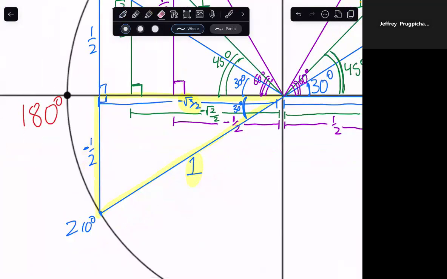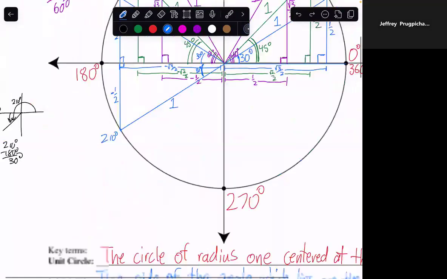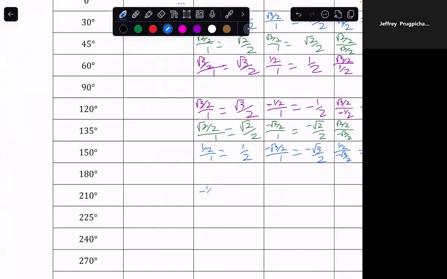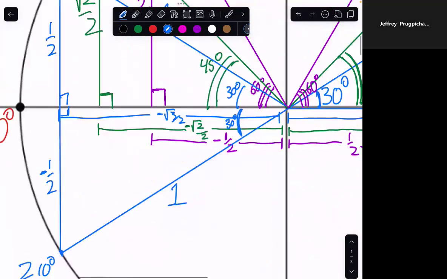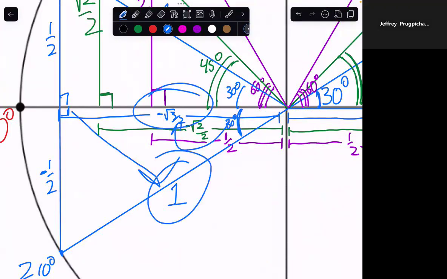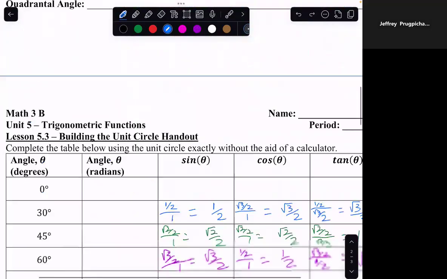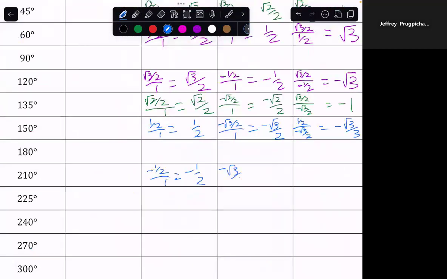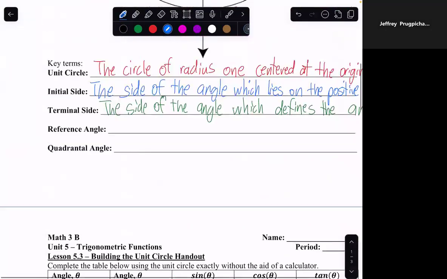Okay, let's do the sine, cosine, and tangent of this. Sine is opposite over hypotenuse, negative a half over 1 is negative a half. Cosine is adjacent over hypotenuse, so negative radical 3/2 over 1. And tangent is opposite over adjacent.